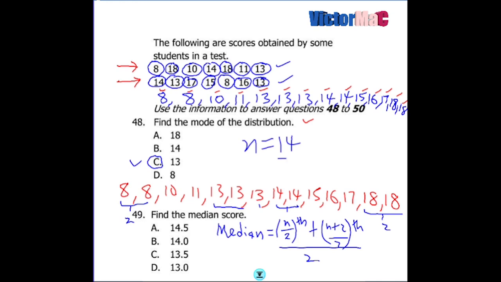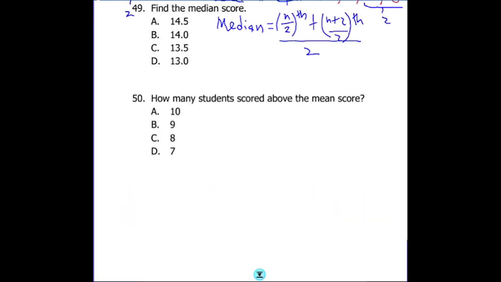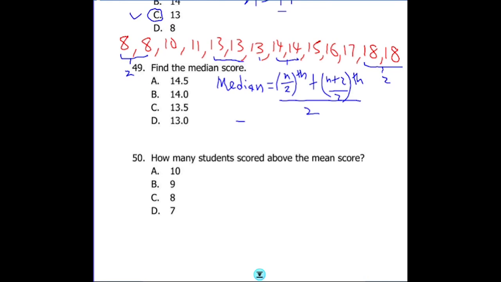So when we put n as 14 in this formula, we're going to have 14 over 2, and that's the 7th term. 14 plus 2 is 16 over 2, that's the 8th term.